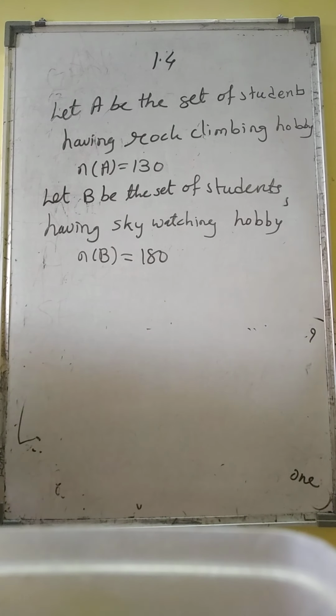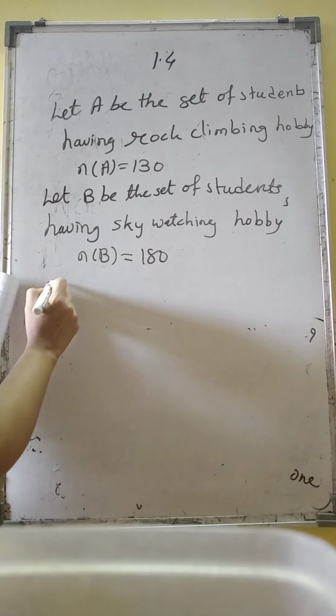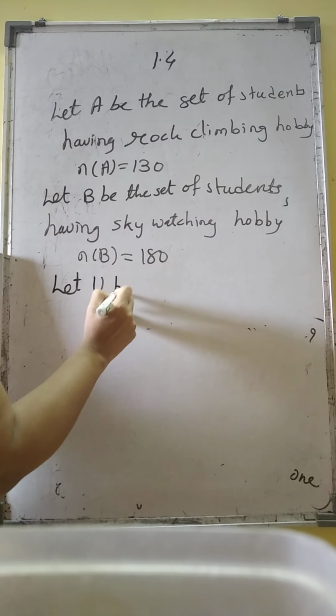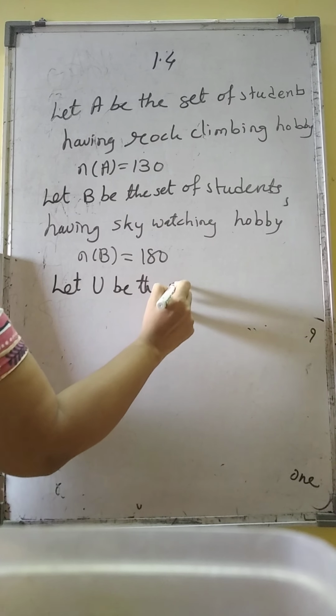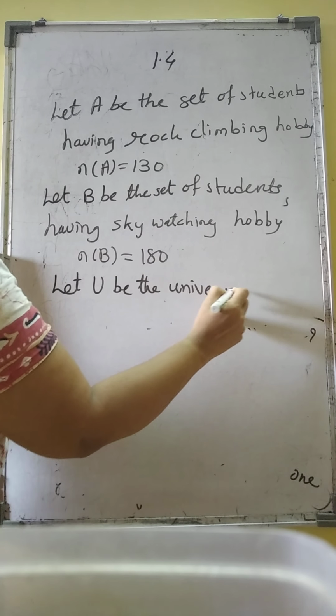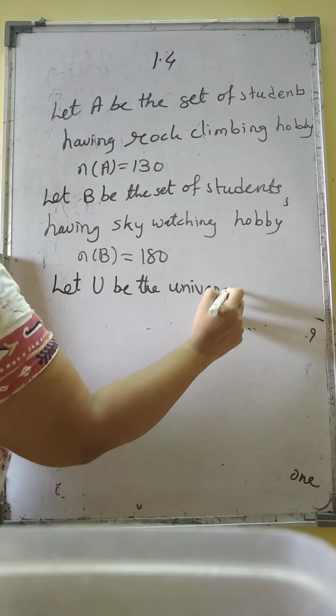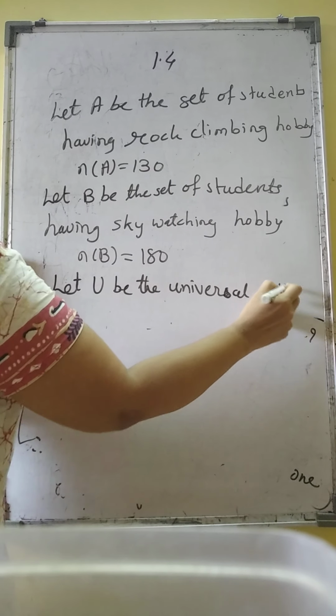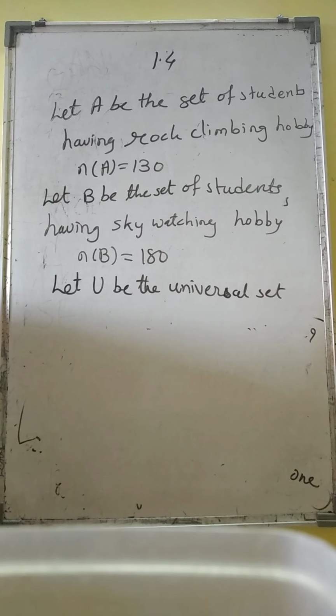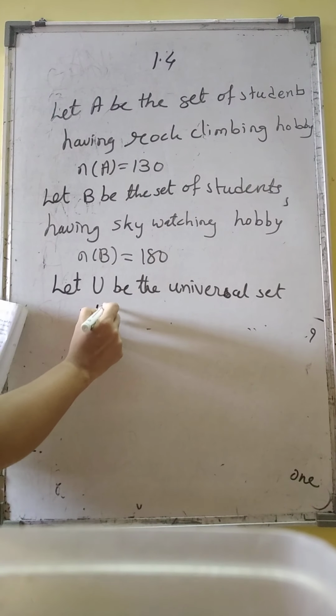Now children, they said they had 220 students. So let U be the universal set. So what is N of U?